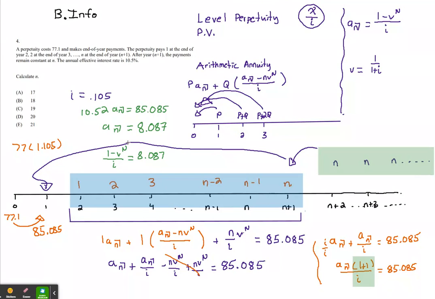Multiply both sides by i, which is given to us. So 1 minus v to the n equals 8.087 times 0.105. I feel like we've done the important part of the problem. That gives 0.849. So we get v to the n is equal to 0.15.